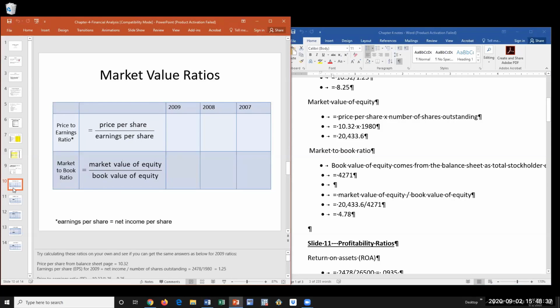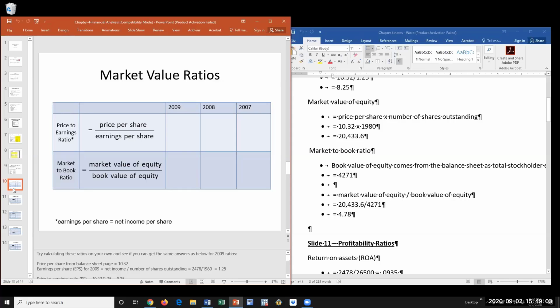Okay, so that's the market to book ratio, and that basically tells you how much is the company's market value right now compared to the original investments of equity that went into the business, right? So equity is kind of like the original investment that shareholders have made plus retained earnings.